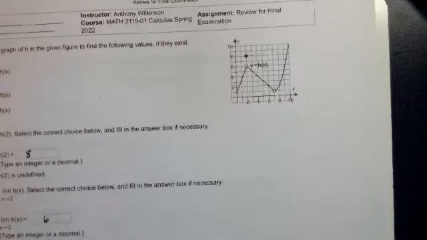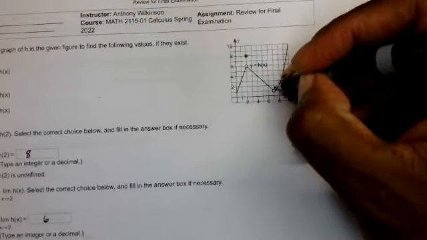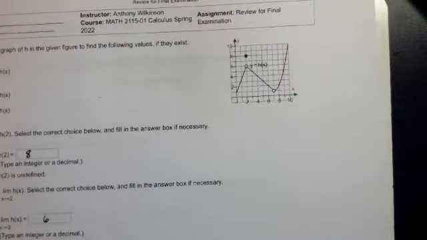And on the right of 7, it's also approaching 1. So we can say here the limit as x approaches 7 of h of x will be 1. Of course, at x equals 7, h of x is undefined, but it's getting closer and closer to 1 as we let x approach 7 from the left and from the right.